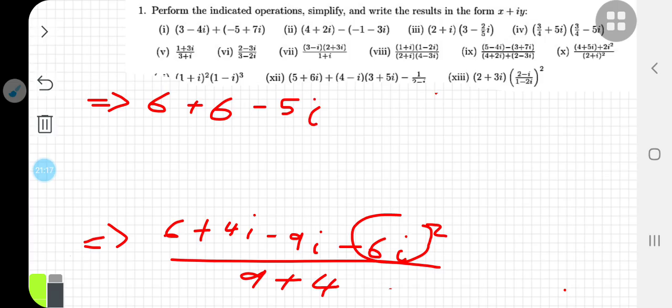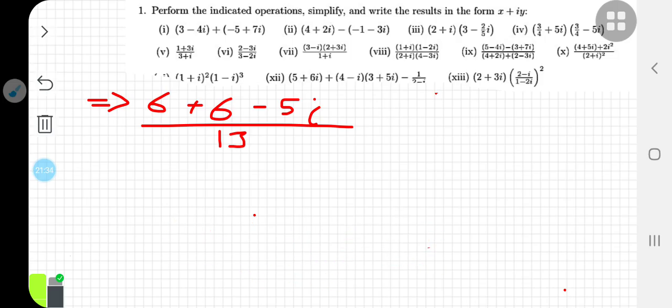And the denominator is just adding 9 plus 4, which is 13. So 6 plus 6 we have 12 minus 5i over 13.